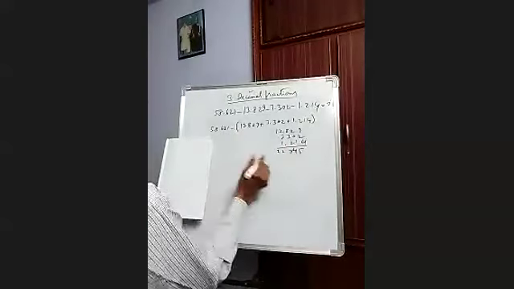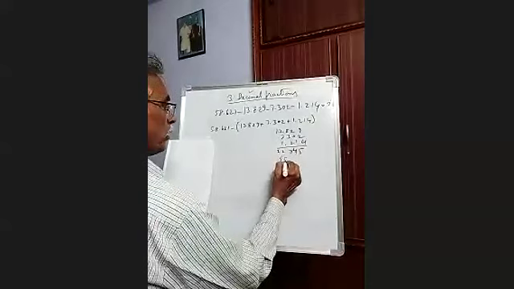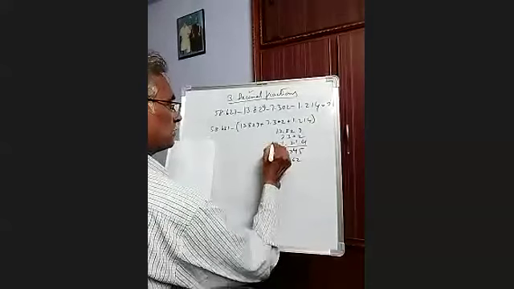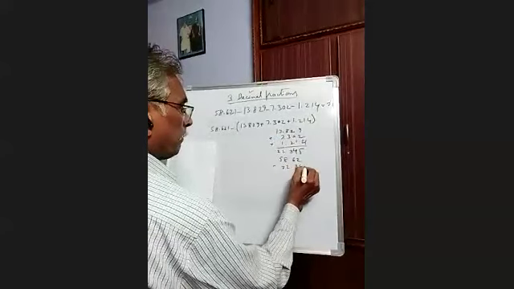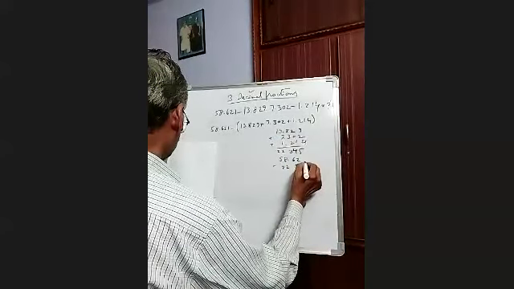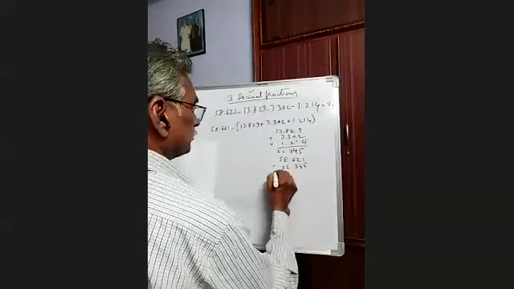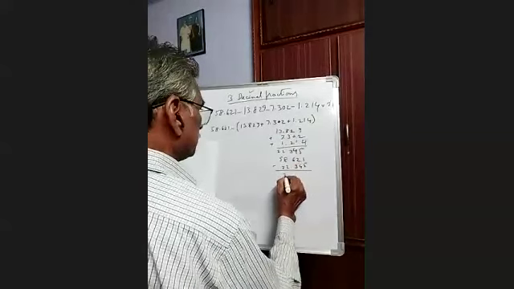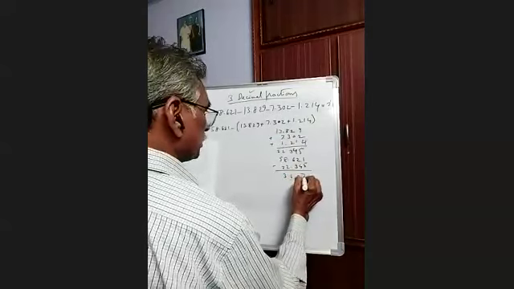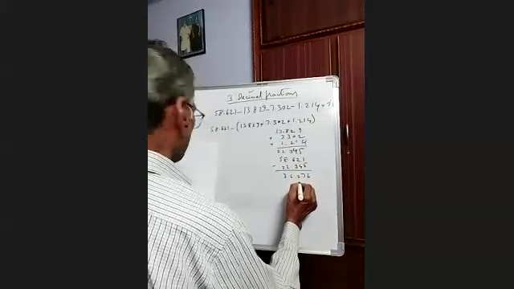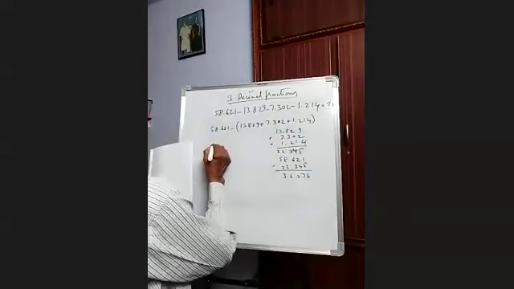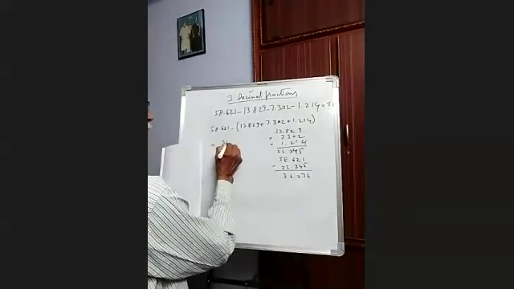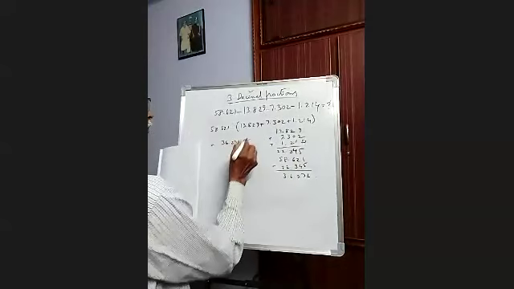Subtract this from 58.621. 58.621 minus 22.345 is 36.276. That is option C. This is given as option C. 36.276.